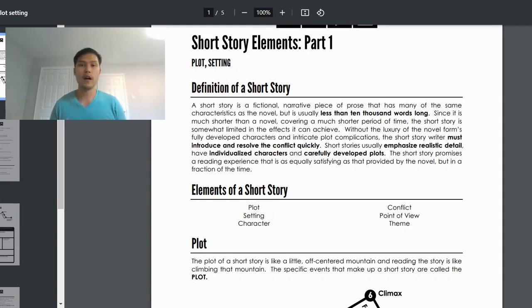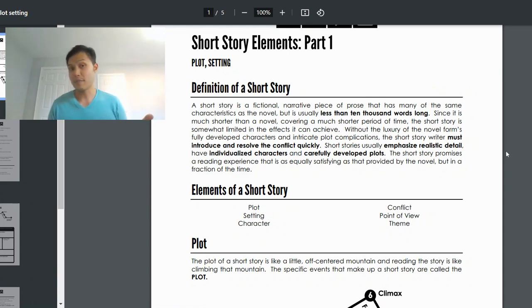Without the luxury of the novel form's fully developed characters and intricate plot complications, the short story writer must introduce and resolve the conflict quickly. Short stories usually emphasize realistic detail, have individualized characters, and carefully develop plots. The short story promises a reading experience that is as equally satisfying as that provided by the novel, but in a fraction of the time.